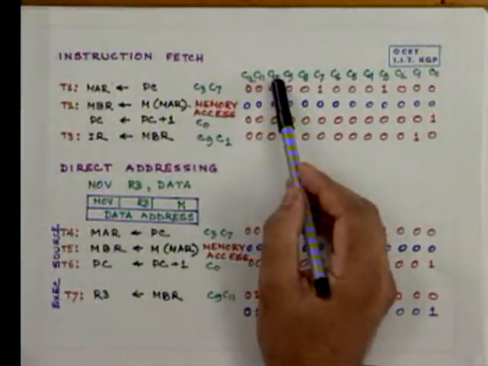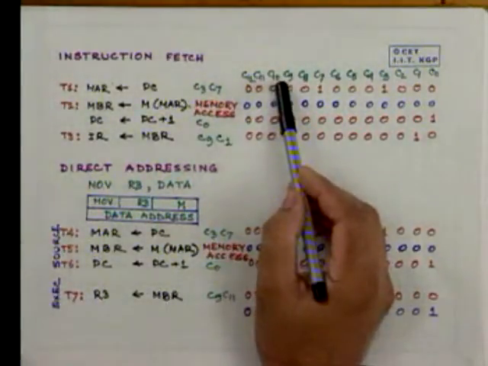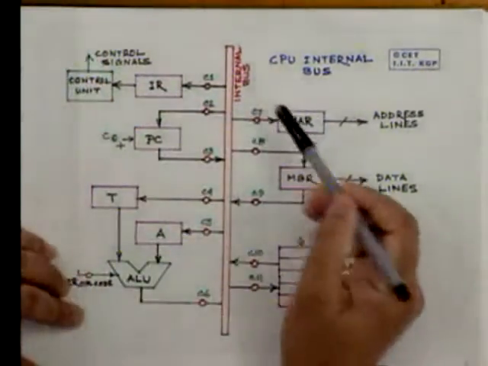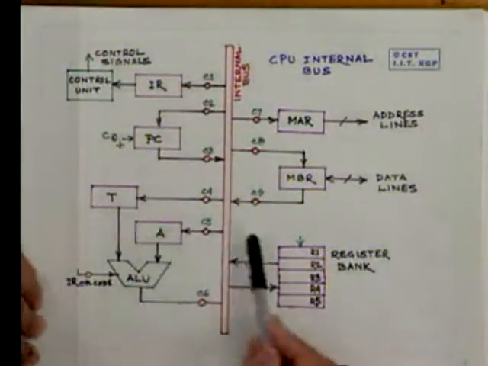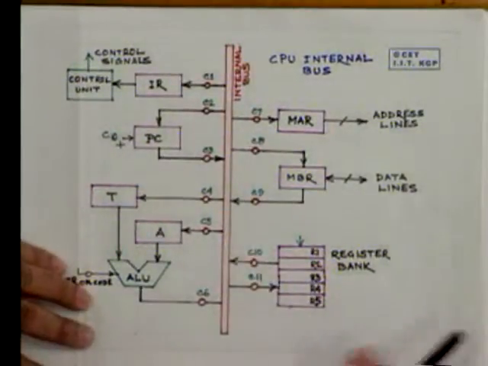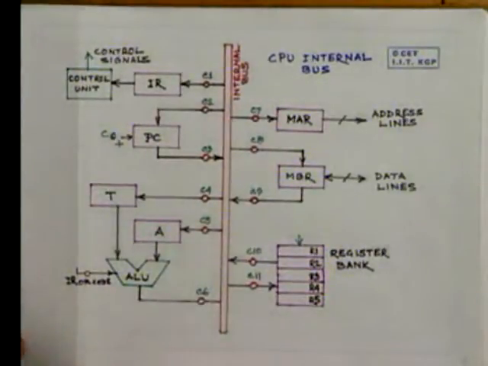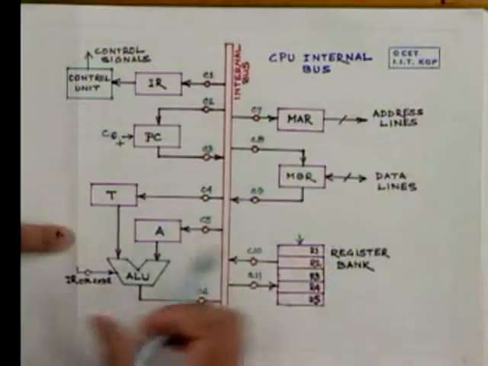If we take the machine, we see that these are the control points, C0 to C12.